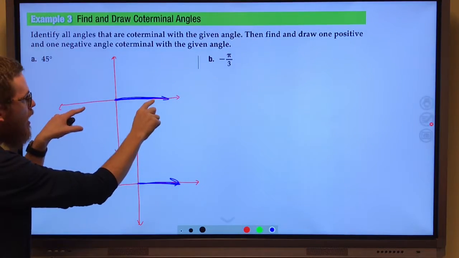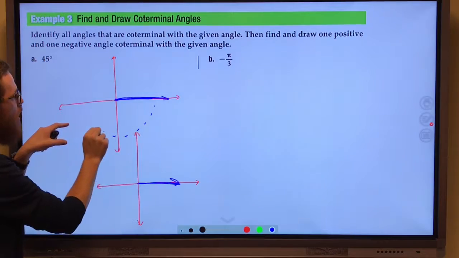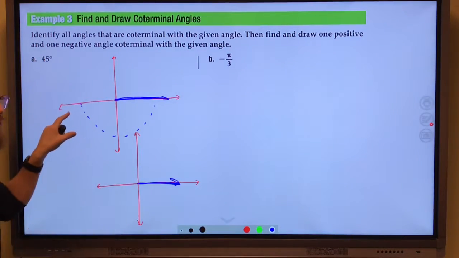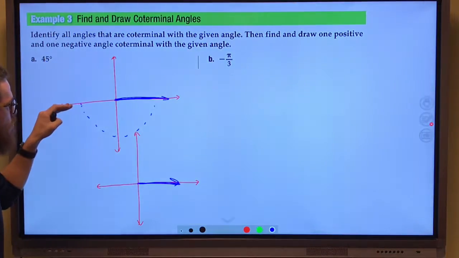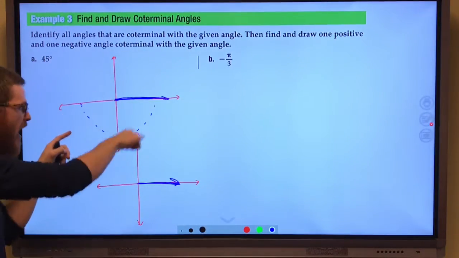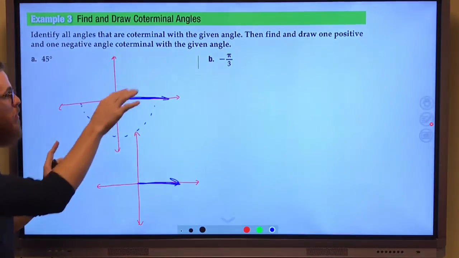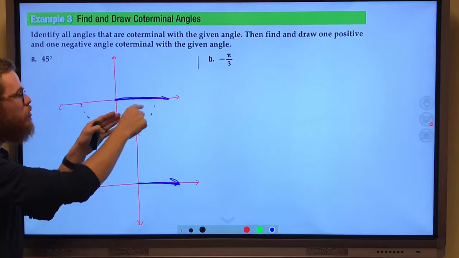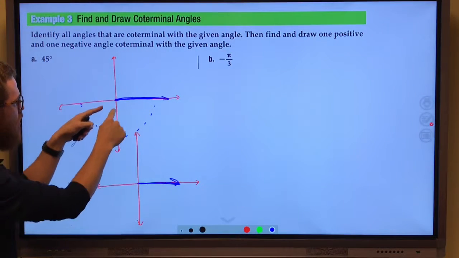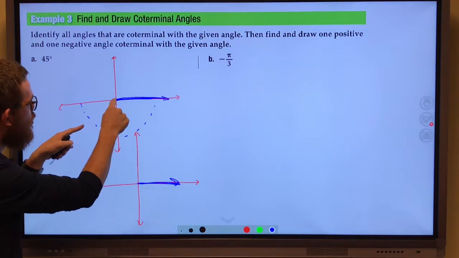And think, pi is all the way to this, right back to the x-axis. It's half the circle. But negative pi over 3 is going to be a third of this. And so think about splitting this into thirds.